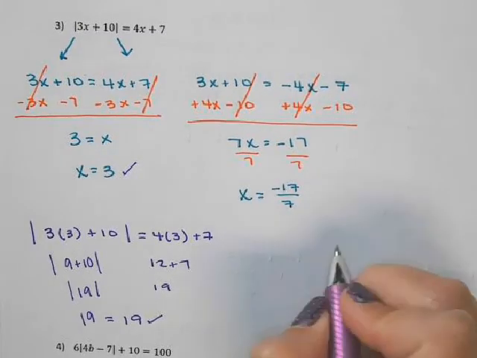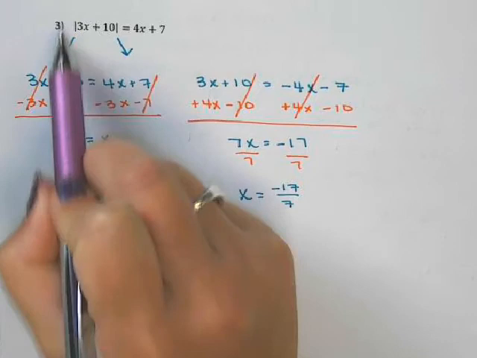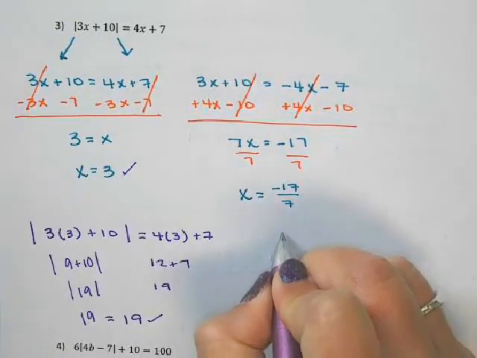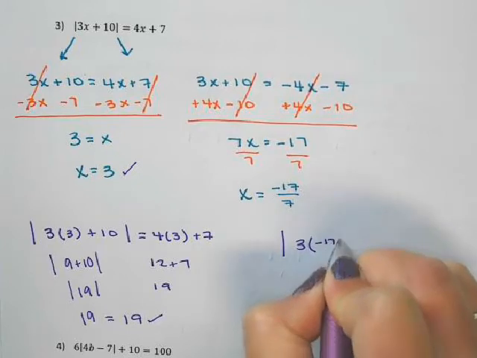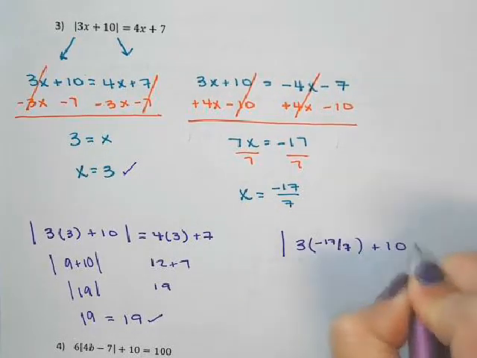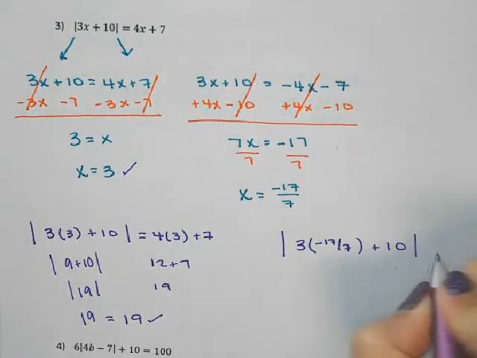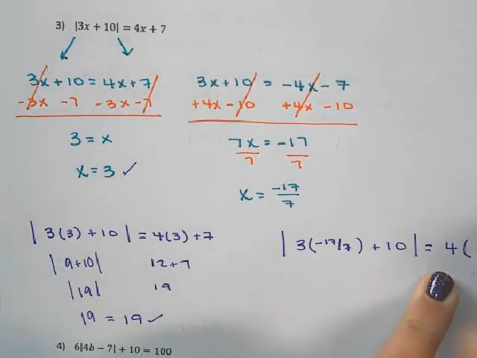Okay, so we have to plug in this fraction up here. So we have 3 times negative 17 over 7 plus 10. And on the right side, we're going to have 4 times negative 17 over 7 plus 7.